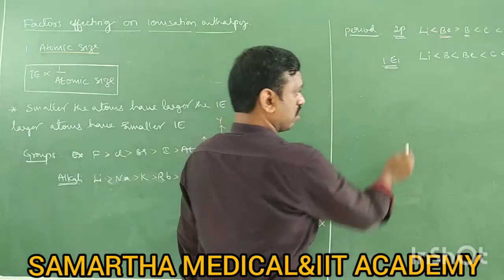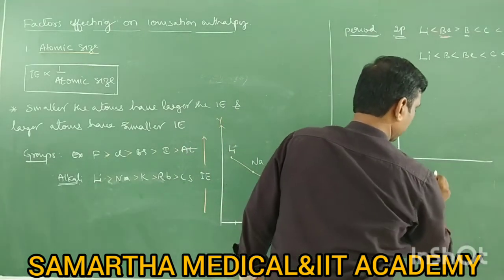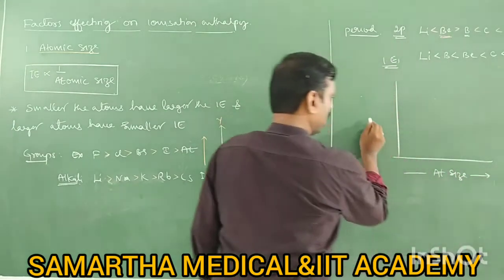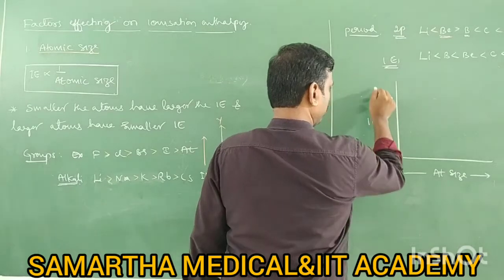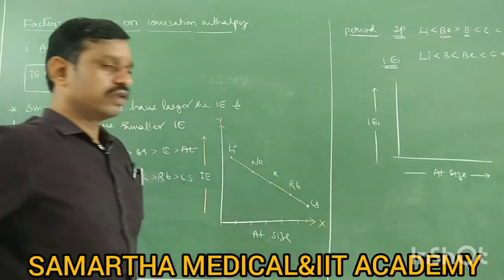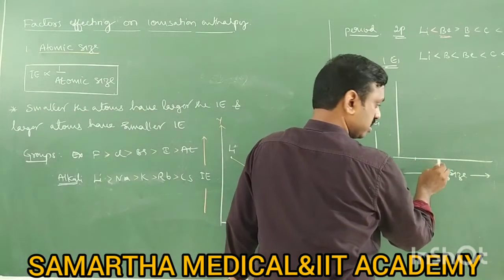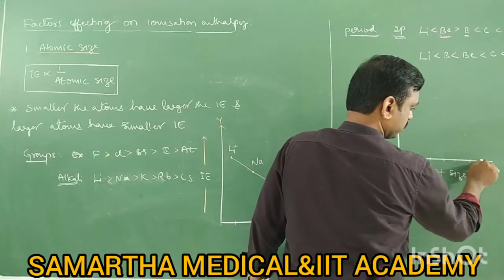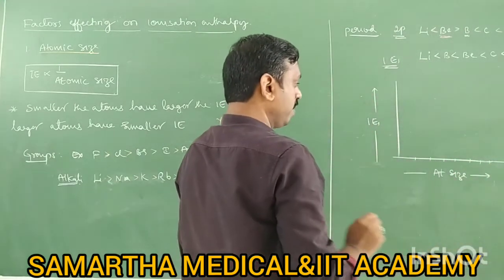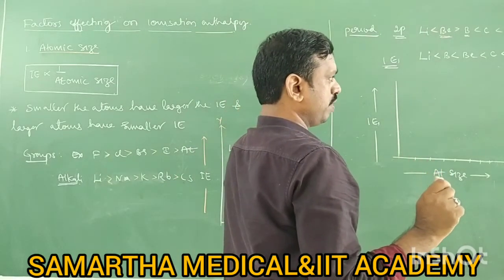Then let us draw the graph. When the graph is plotted between atomic size on the x-axis and ionization enthalpy IE1 on the y-axis, atomic size increases along the x-axis, right? Come on, tell me, first one, which one has the highest ionization enthalpy?